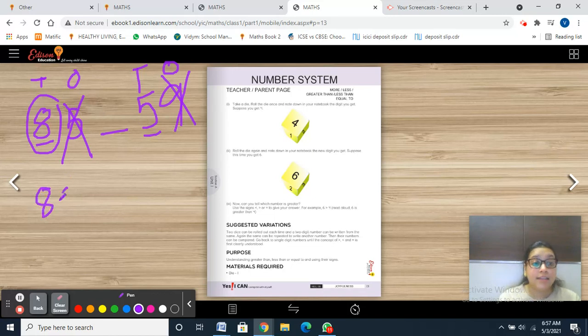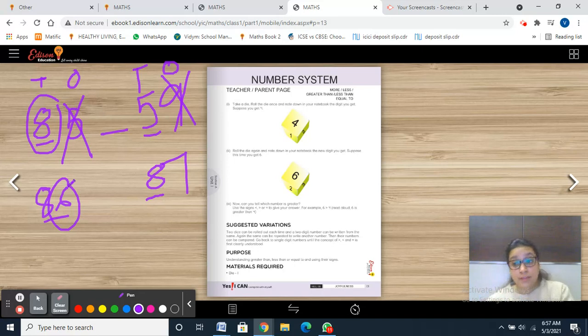If I'm talking about 86 and 87, now tens are same, so you will go on ones. First of all, check the tens place value. If the tens place value is same, then go on ones place value. But if the tens place values are different, like this 85 and 59, you will check the tens place value.